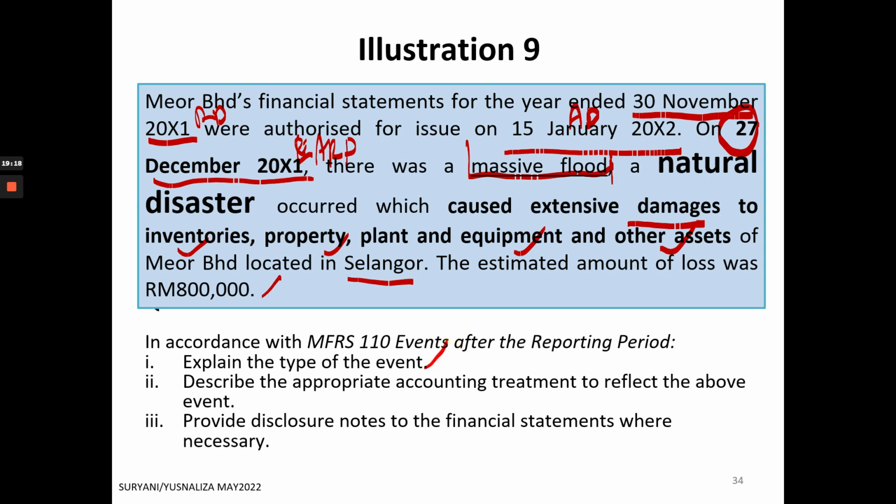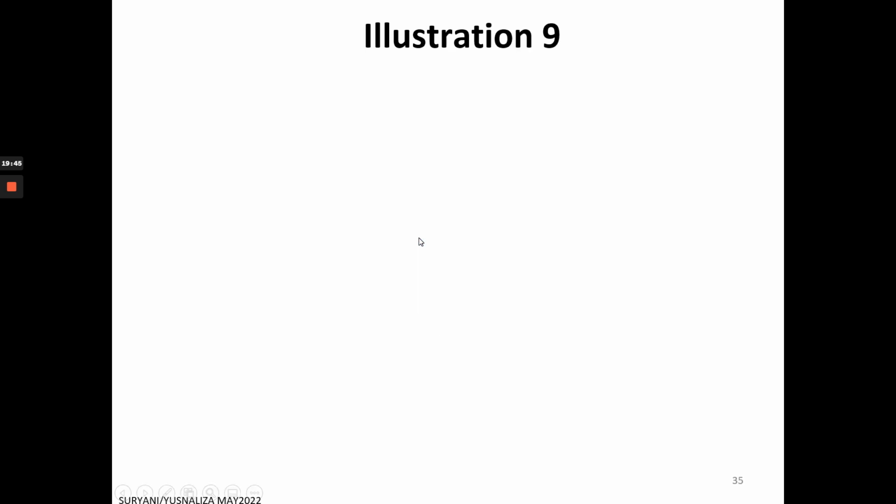You need to explain whether it is adjusting or non-adjusting, describing the appropriate accounting treatment of the above event in line with MFRS 110, and providing disclosure notes to the financial statement where necessary. Providing means you need to write the notes, sample notes of the event that is to be accompanied in the financial statement.